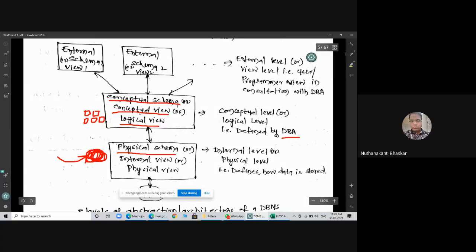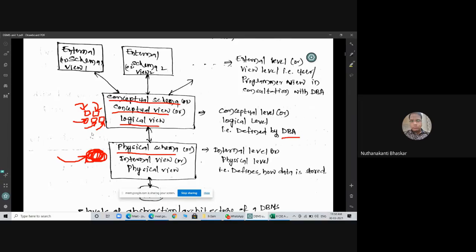But at the conceptual level, maybe managers are separate, HRs are separate, software developers are separate, attendants are separate, or any other staff, maybe technicians, are separate. We have to segregate them. Then only the salary hikes, work distribution, timings, designations, procedures, and rules and regulations can be differentiated. Based on that only, we can extract the data.